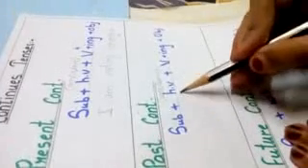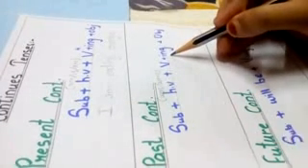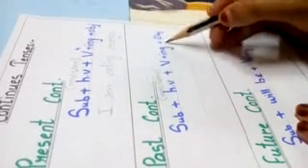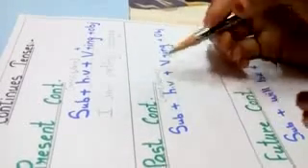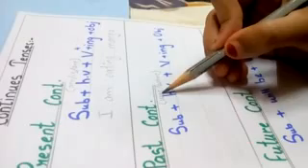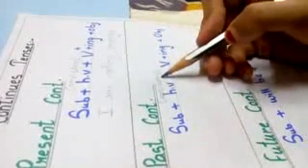Now, if I want to convert this into past continuous tense, I will use this formula. Subject plus helping verb plus V4, that is verb with ing, plus object. So my subject, helping verb: make sure if you are using he, she, it, you will use was. And if you are using you, we, they, you will use were.